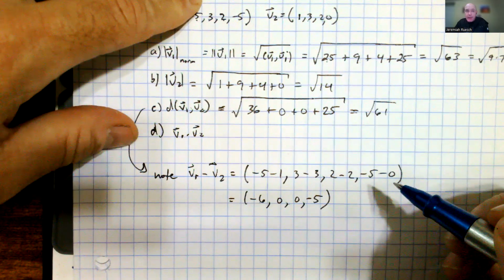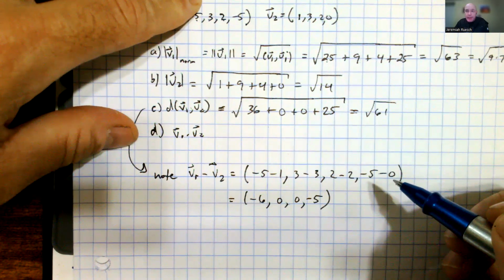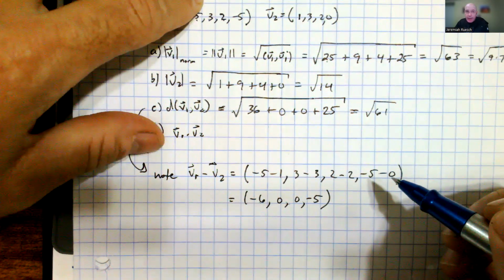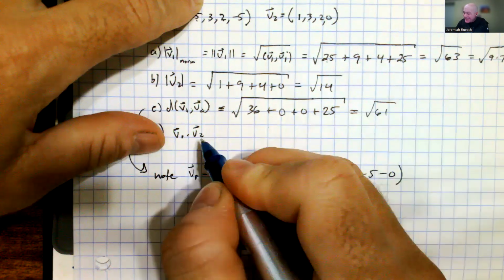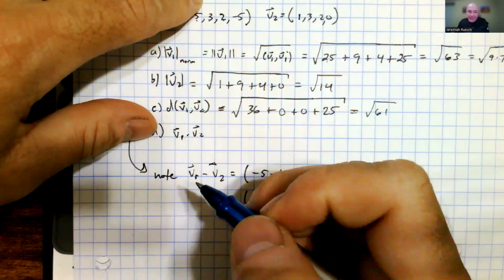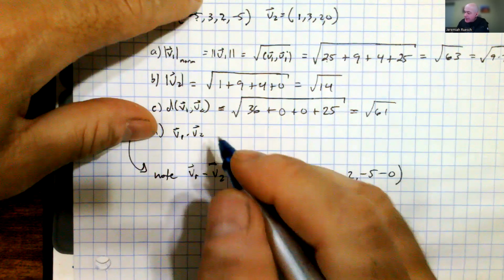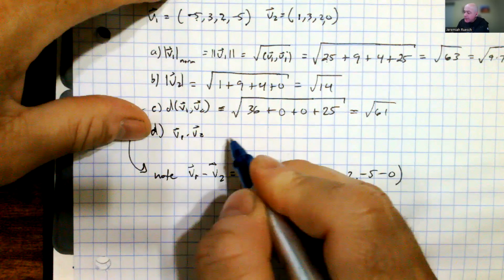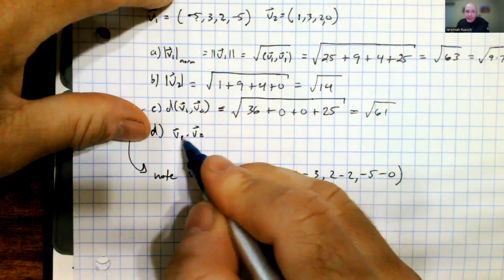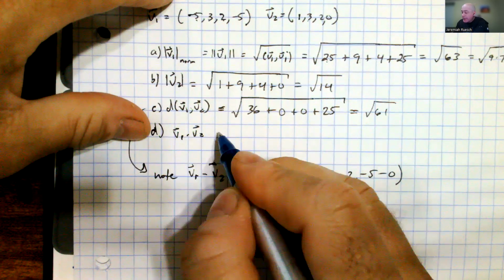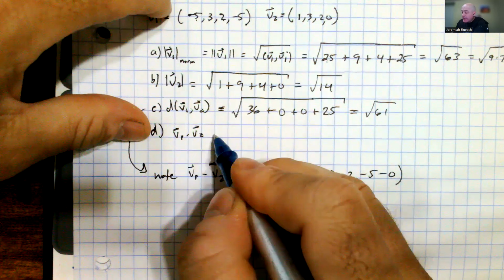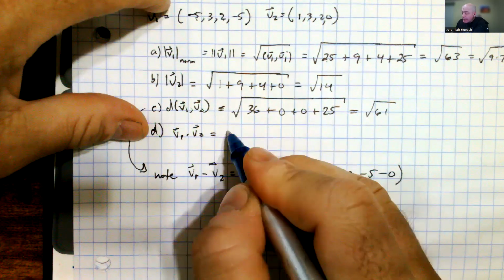Okay. This is V1 dotted with V2. In this situation, I'm testing to see if they're orthogonal. If the inner product of these two turns out to be 0, then by definition, we consider those two vectors to be orthogonal to one another.